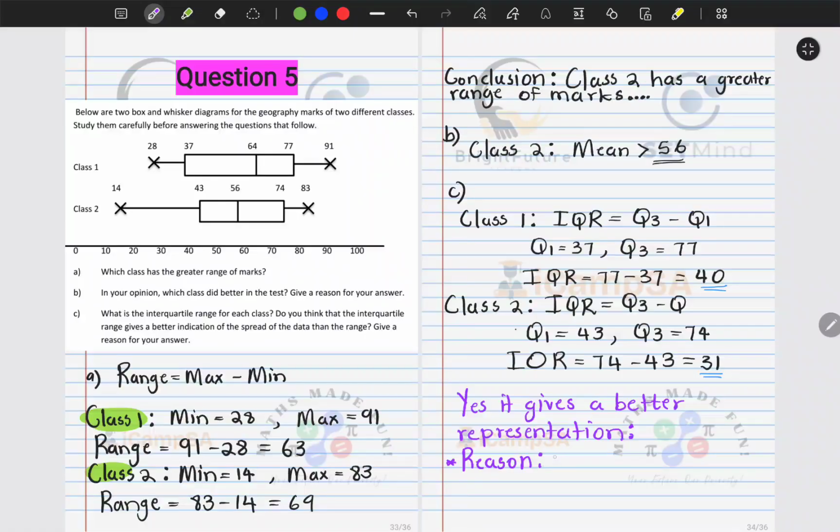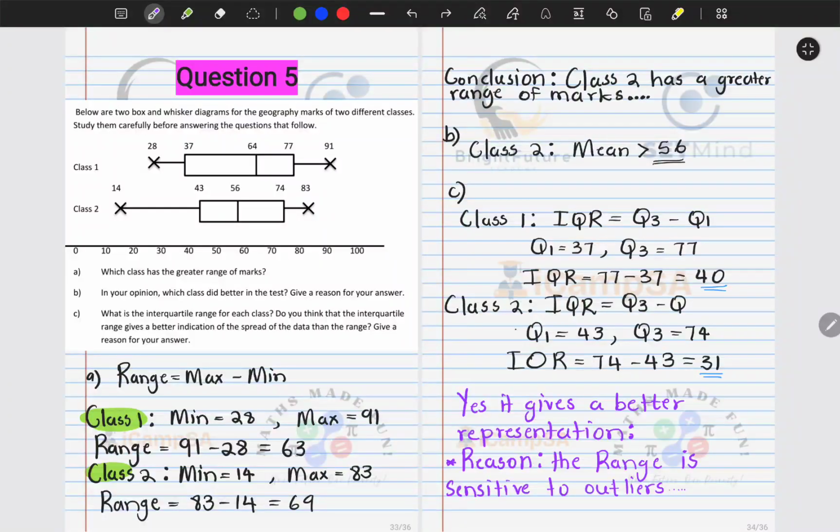So my reason here would be that the range is sensitive to outliers. Okay, that is the problem with this. So this is a very high achiever and this is a very struggling student.